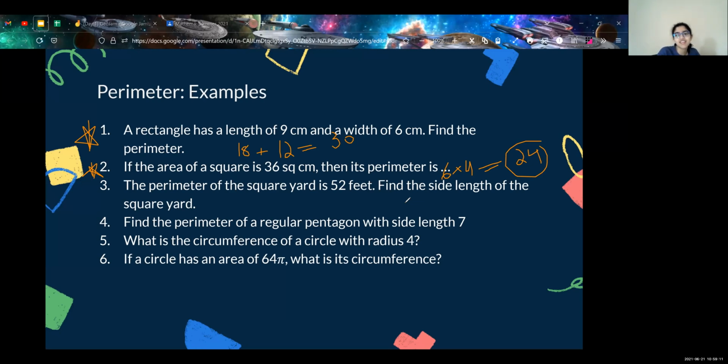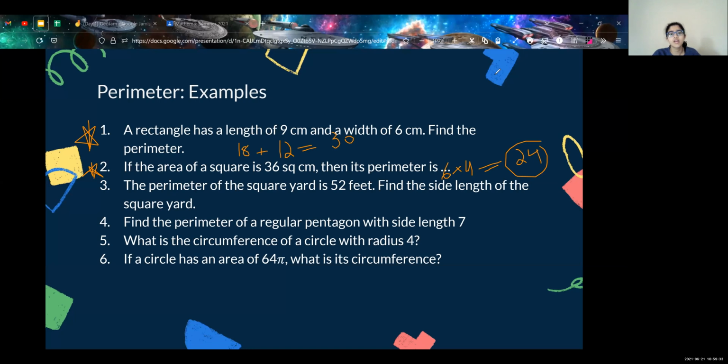Make sure you're putting in your answer for number 3, the square yard with perimeter 52 feet. Okay, I got 3 answers, 4 answers, 5 answers, 6 answers. Okay, we can start explaining.